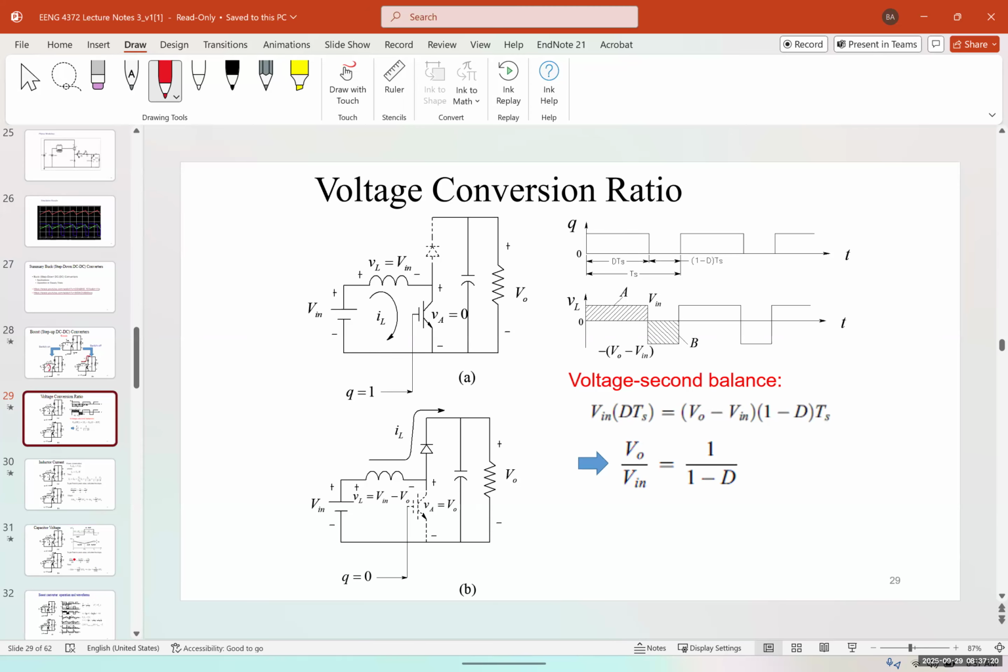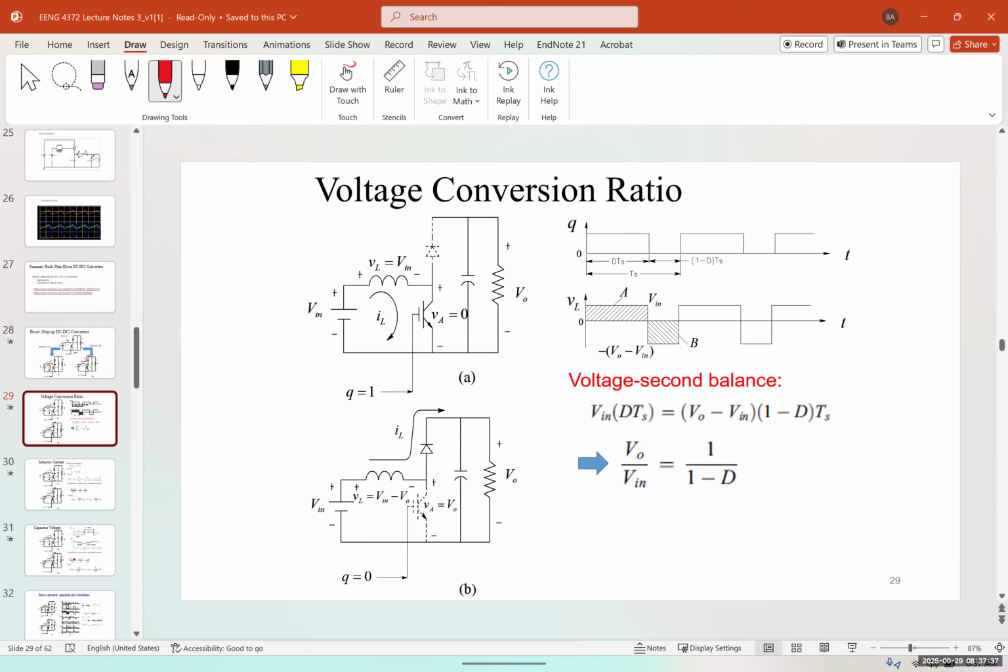So this shows the voltage conversion ratio. Again, the same thing that we had for a buck converter also applies here for the duty ratio, but here for the output voltage, we have a different equation. For the buck converter, V out was D times Vin, where D was the duty ratio.